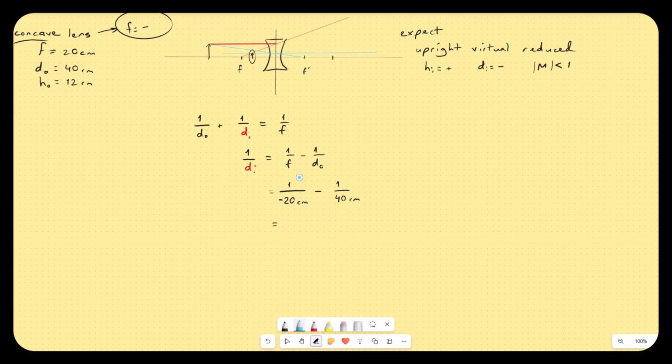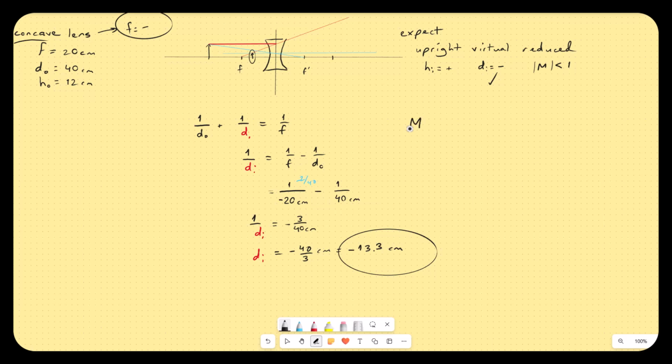This is 2 over 40 negative minus 1 over 40 makes 3 over 40 negative, and that is 1 over di. So my di must be negative 40 over 3 centimeters, or negative 13.3 centimeters. I do get a negative di, which is what I expected.